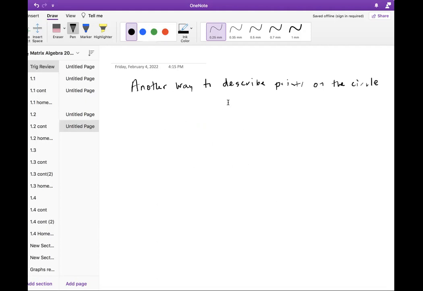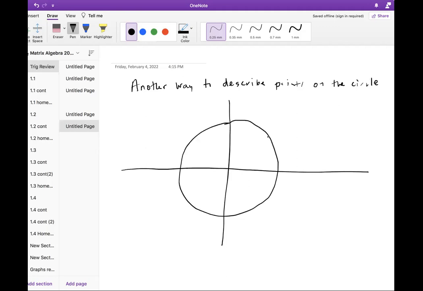Points obviously can be described as an x and a y value, right? It's some distance x away from the center and some height away. That's how we can describe it. However, circles are nice.